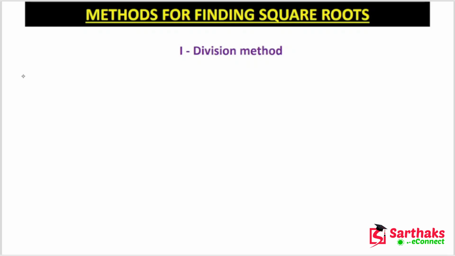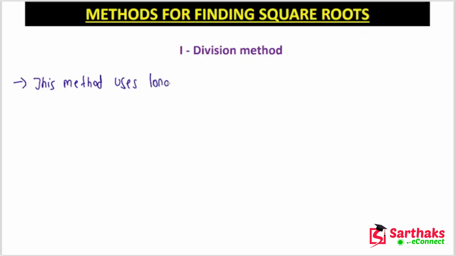So the square root by the long division method is basically the method in which we use a long division process. This method uses the long division process to find square roots, right?